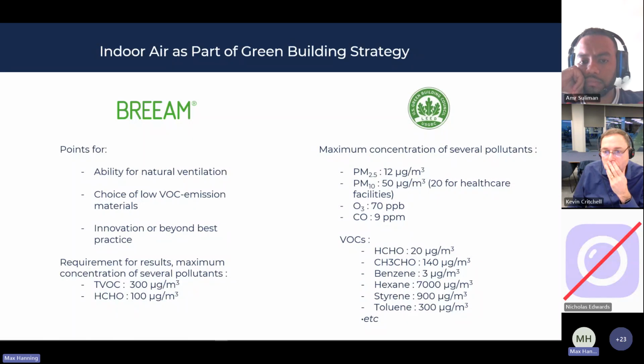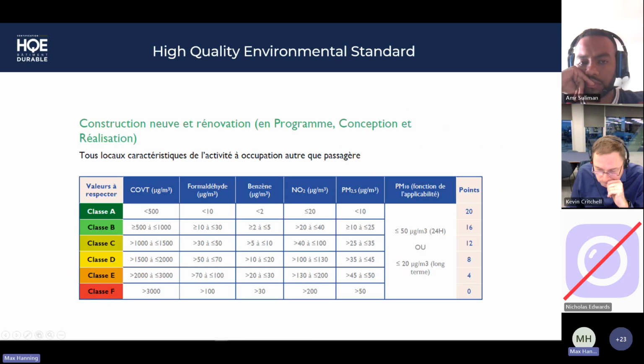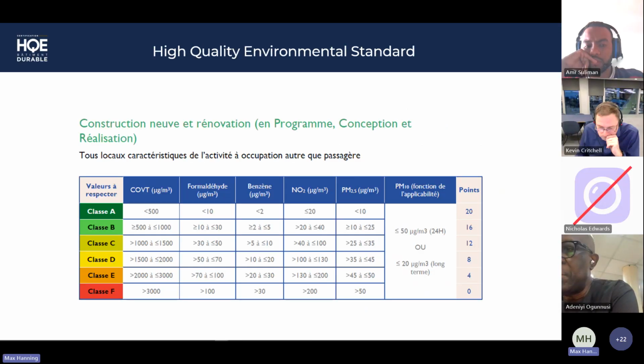Then LEED certification also has results requirements. These are similar to BREEAM, but for more pollutants as listed on the slide. And we can see that VOCs are assessed not as a family, but each individual VOC is listed and measured. And then there is a French certification scheme called HQE, which has similar requirements to BREEAM and LEED.